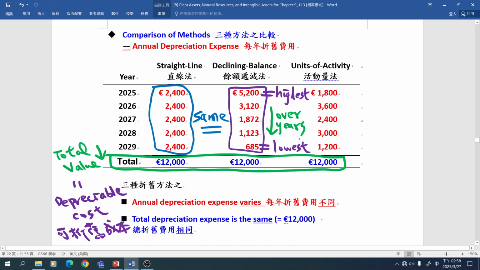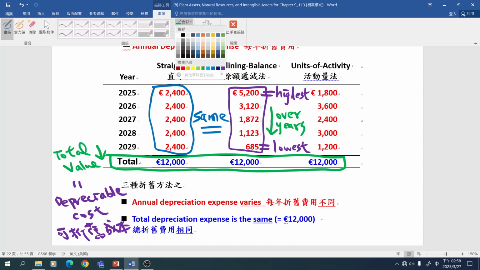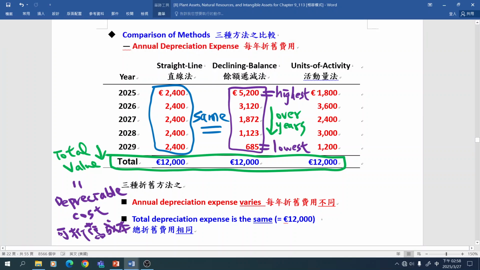Okay? How about unit or activity method? 活动量法。Crazy guy, right? So did you find out any pattern? No, no pattern. Maybe higher, maybe lower. Not sure. Depends on how many units you use it, right? So when you look at the numbers for each year, you cannot find out the pattern. So you will find no pattern right here.